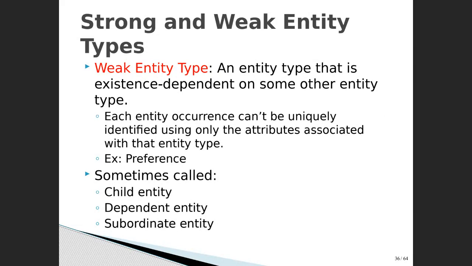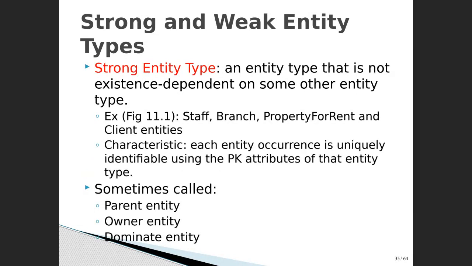Okay, this entity occurrence. So what we said here, strong entity type is it's not existence dependent on some other entity type. Not. Okay, so not dependent. Like, for example, we can call it as parent, owner, dominate. These are alternative terms for the strong one.